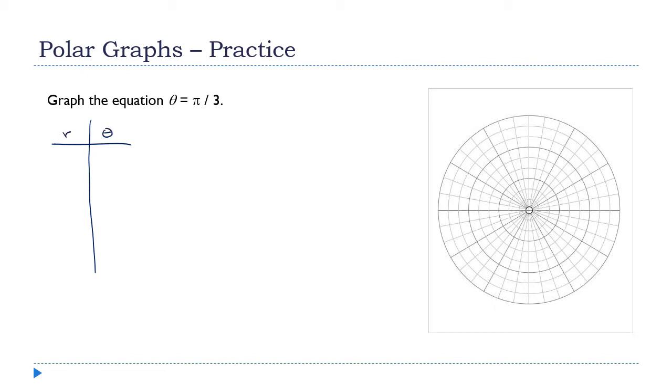All right, so when r is 1, theta is pi over 3, 60 degrees. When r is 2, theta is pi over 3, 60 degrees. When r is 4, theta is pi over 3. And the same thing is going to happen if I pick negatives. If I pick negative 2, theta is pi over 3. So let's plot these. Pi over 3, that's this line here.